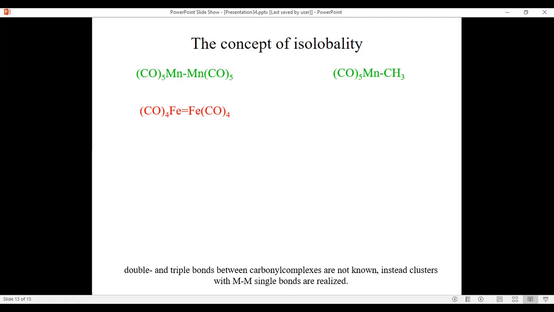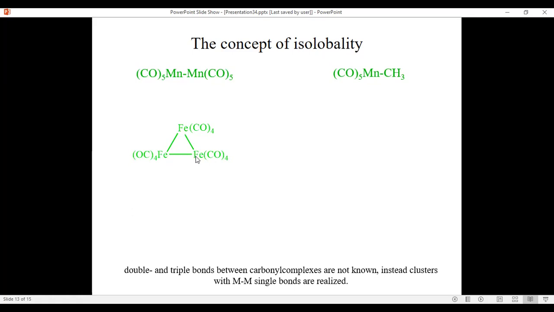because there's another possibility to make a molecule that satisfies the concept of isolobality. Instead of making a double bond between two iron atoms, we can also make a triangular cluster in which each iron makes two single bonds to neighboring irons.